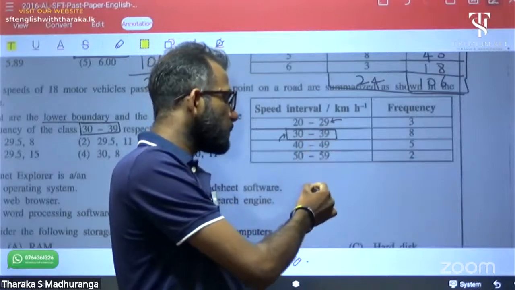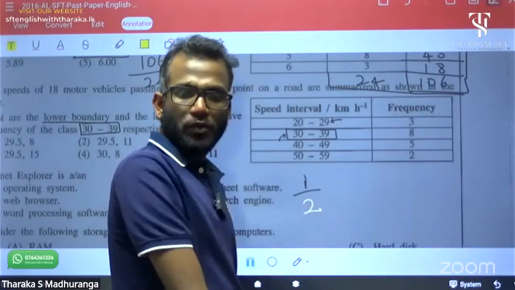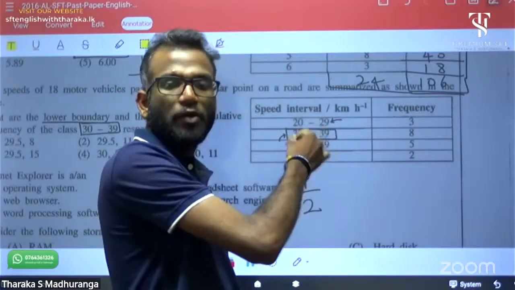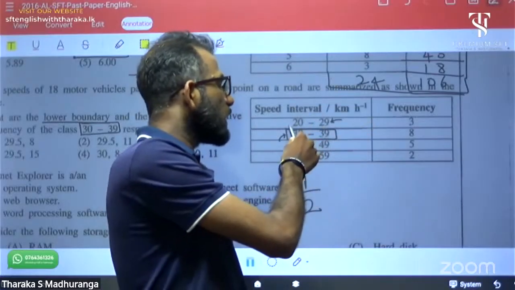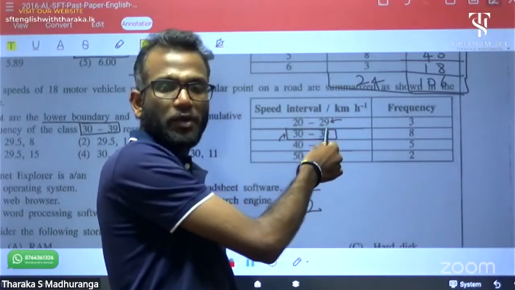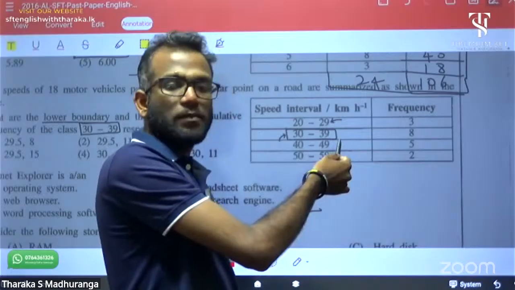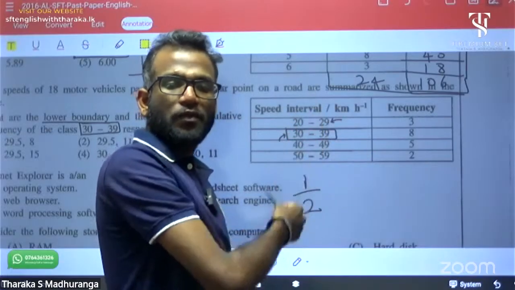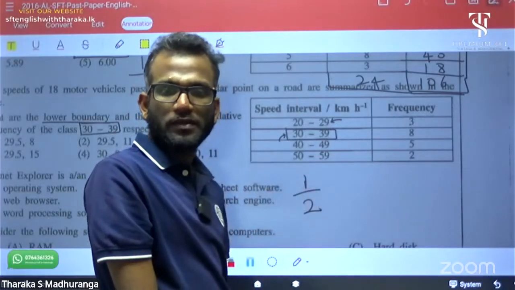The gap is 1. 1 divided by 2 is 0.5. Subtract 0.5 from the lower limit and add 0.5 to the upper limit. Then the class boundaries are 19.5 to 29.5, again starting 29.5 to 39.5, 39.5 to 49.5, 49.5 to 59.5. Understood?